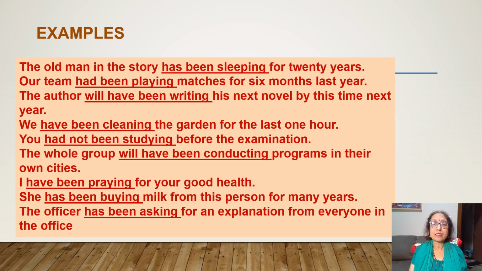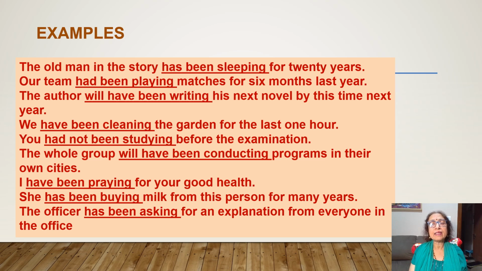Author is third person, so we are using will have been writing, future form, his next novel. Now he is writing the present novel. He will write another novel, the next novel, and that is next year. So future, this is called unrealized tense. The tense has not happened yet. It is all future. It is all visualized to happen in the future.